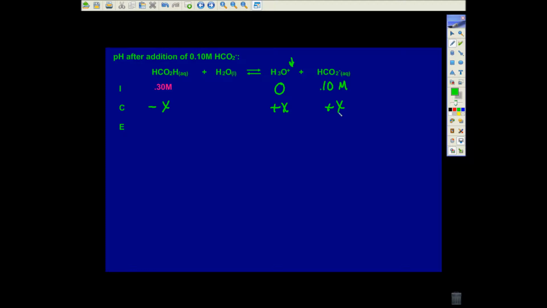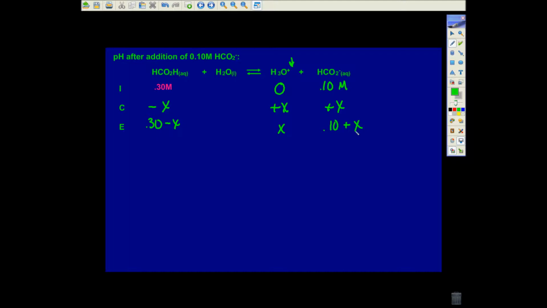The formate ion is going to go up by X amount. Now this X is going to be much smaller than it was in the last problem. So your equilibrium is still 0.30 minus X over here, and on the right side your equilibrium concentration is going to be X for the hydronium, and it will be 0.10 plus X for the formate.